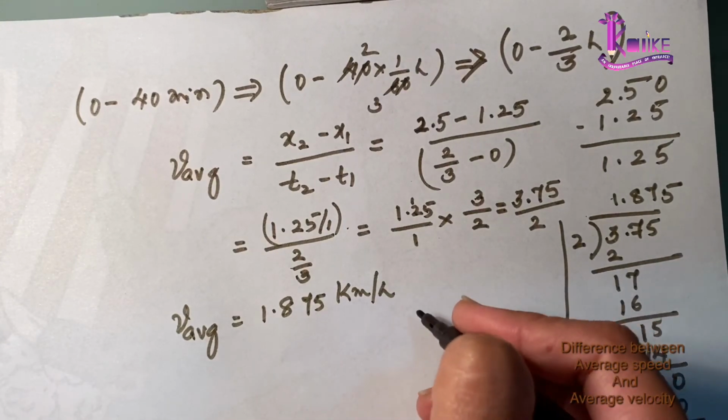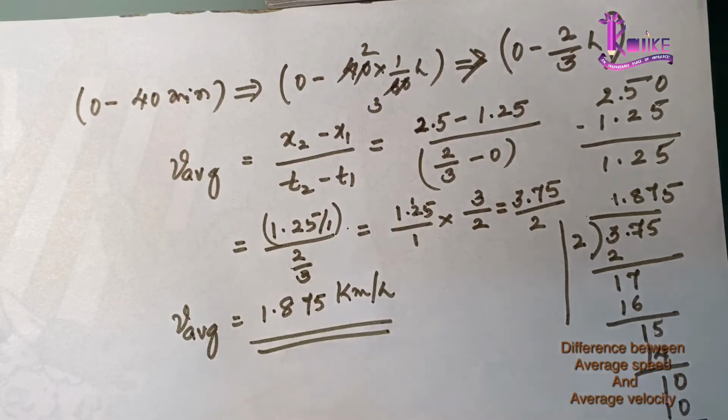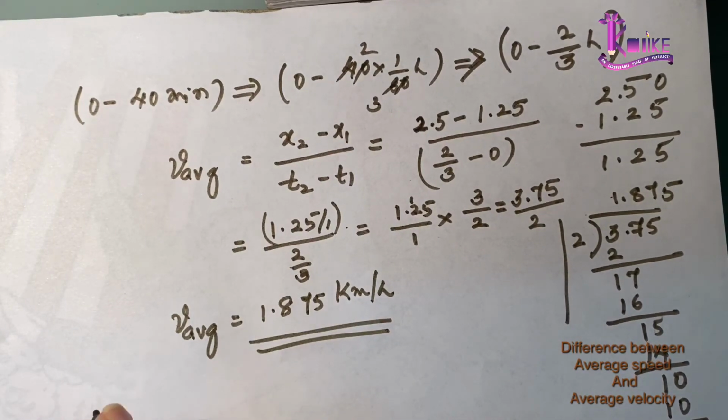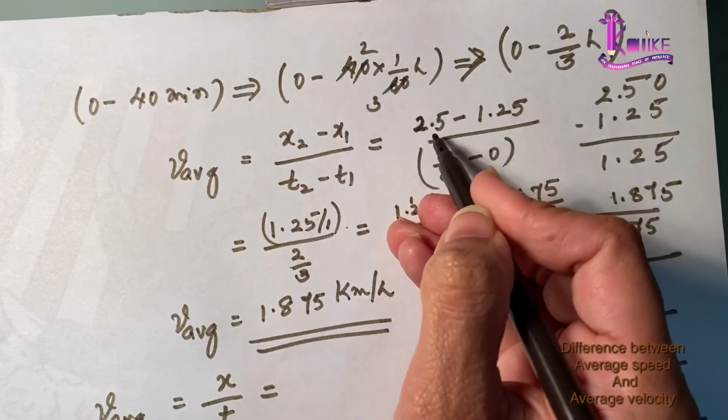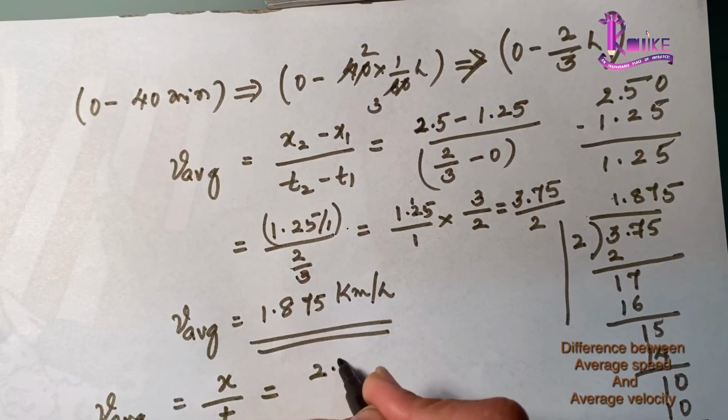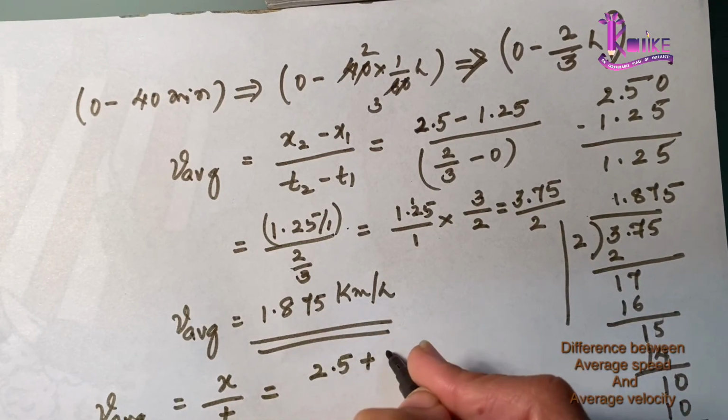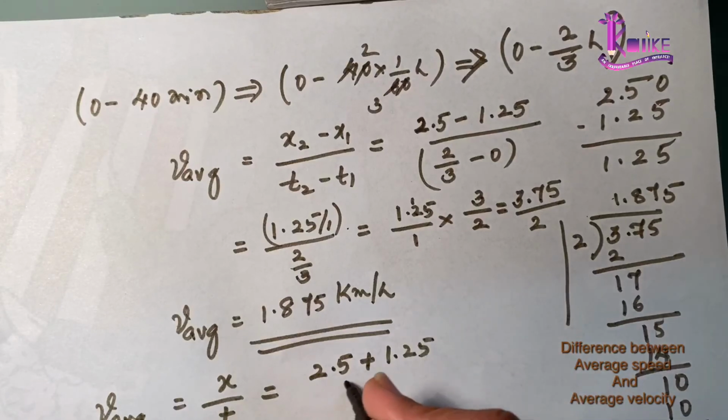Now this can be multiplied by 5 by 18 to convert it into meter per second. What will be the average speed? The average speed is x by t. So the total distance traveled in this case, you do add them. So 2.5 plus 1.25 divided by 2 by 3.